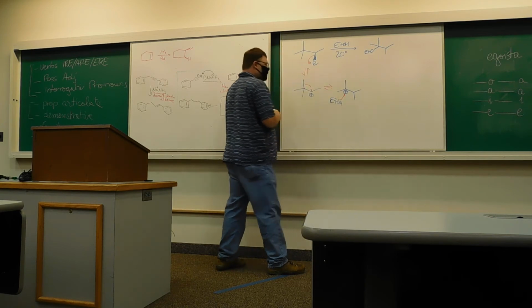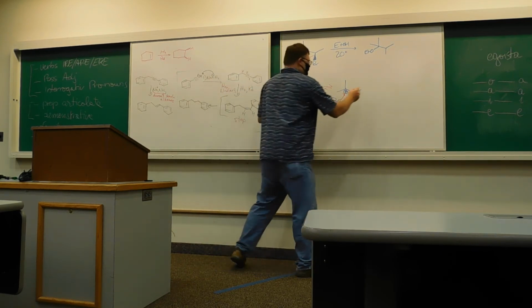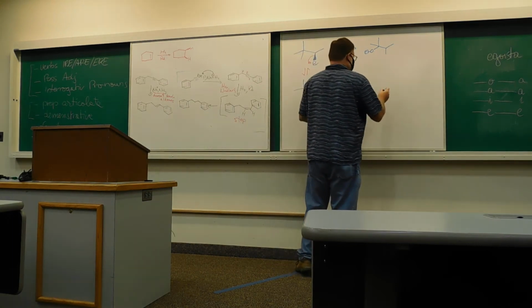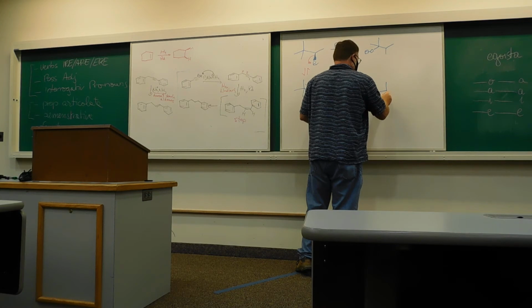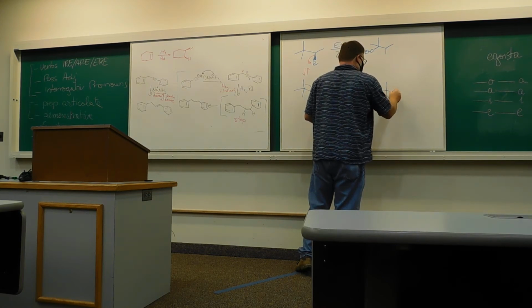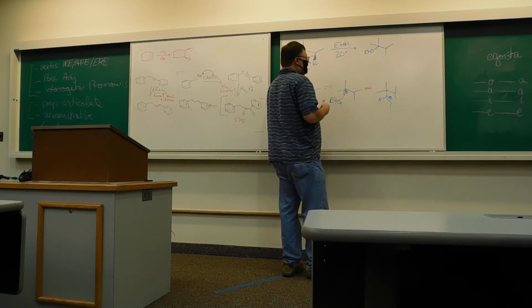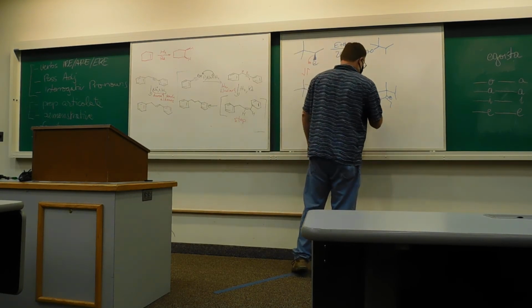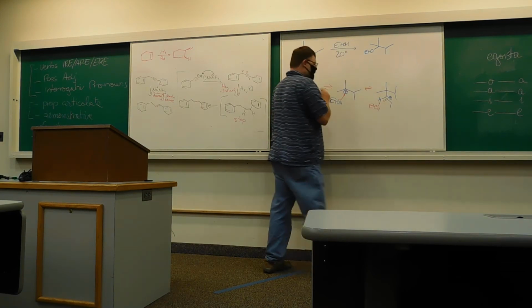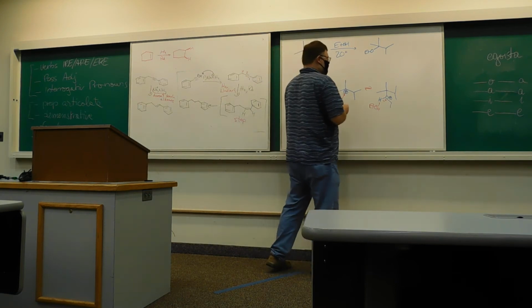All right, so ethanol attacks the cation. And the important thing here is that you keep that proton on there. And then ethanol or bromide, kind of whatever you want, can take that proton, and that gets us our product.